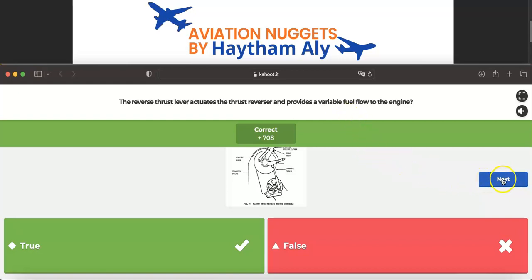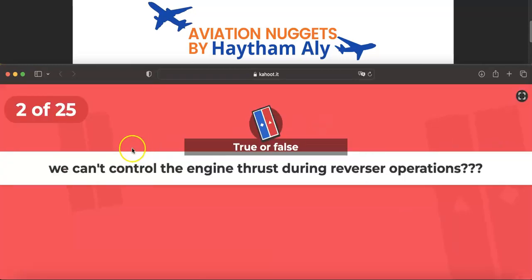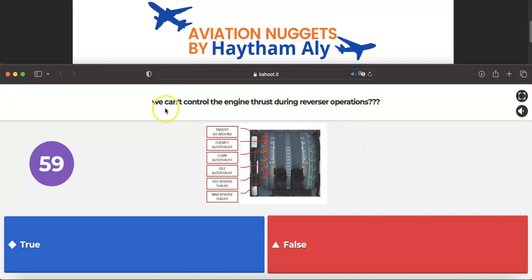Okay, everybody. Let's proceed to the next question. Question 2 of 25. We cannot control the engine thrust during reverser operation. No, this statement is false. Yes, we can control engine thrust when the throttle lever is at the reverse section.